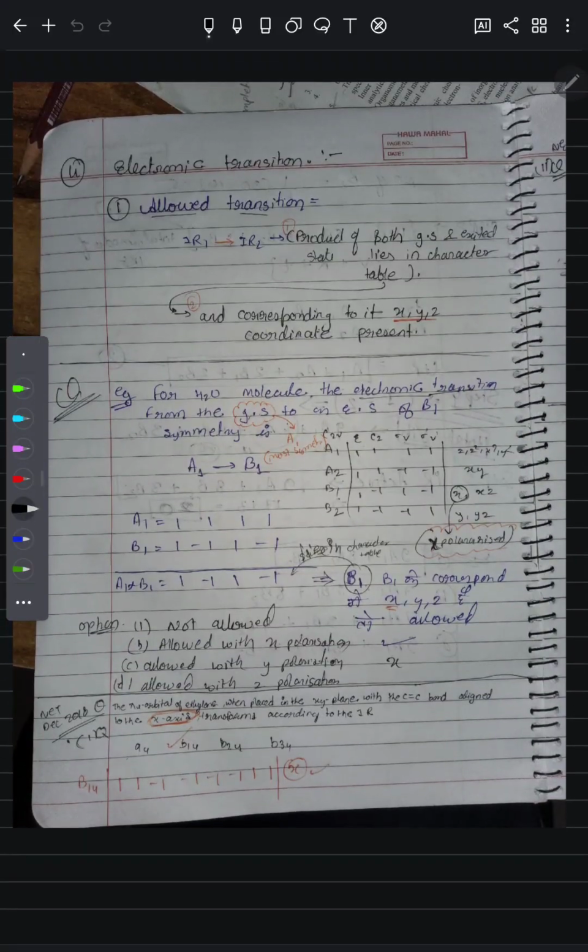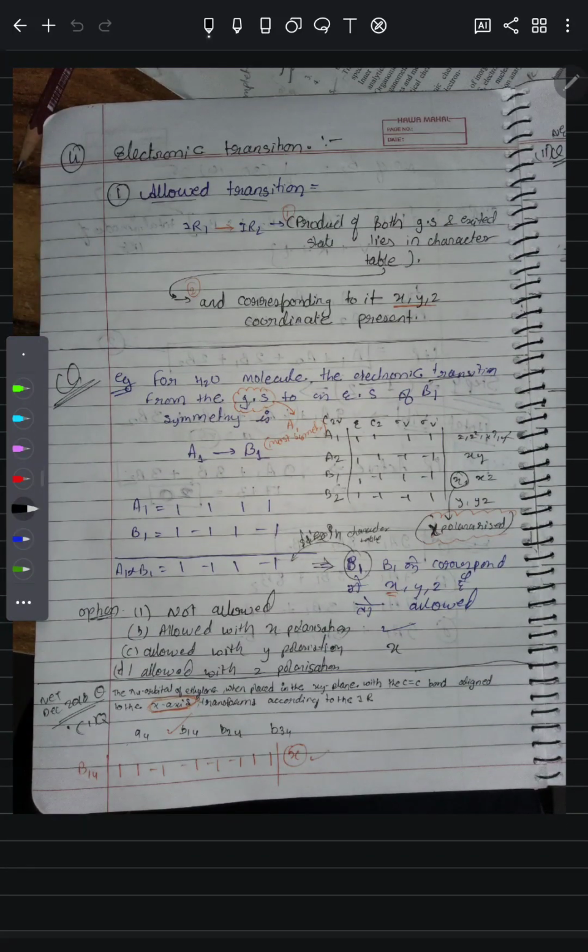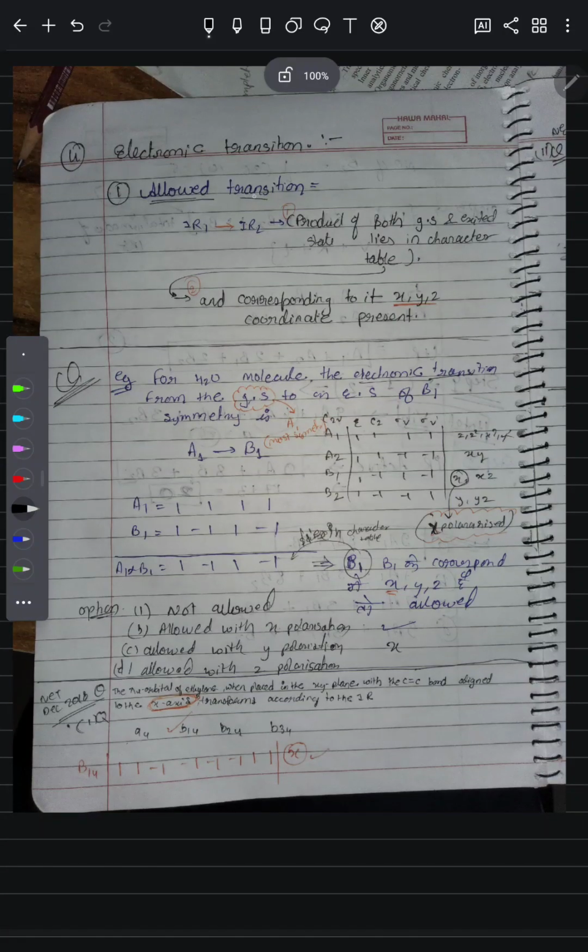Now let's talk about the fourth application, which is electronic transition. So how do we find out if the molecule has an electronic transition or not? There are allowed transitions. Those transitions are allowed if we check IR1 and IR2, and the product of the ground state and excited state lies in the character table, then it is an allowed transition.